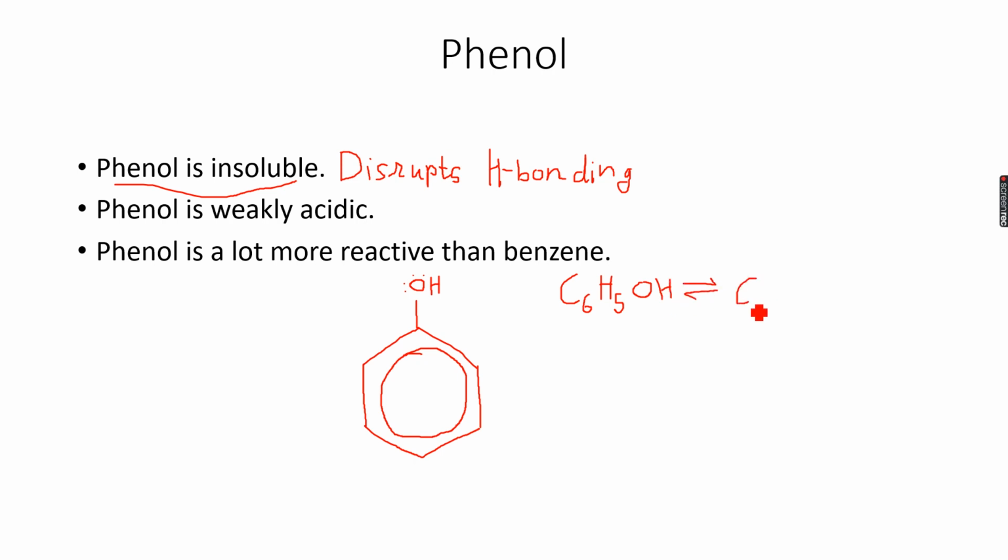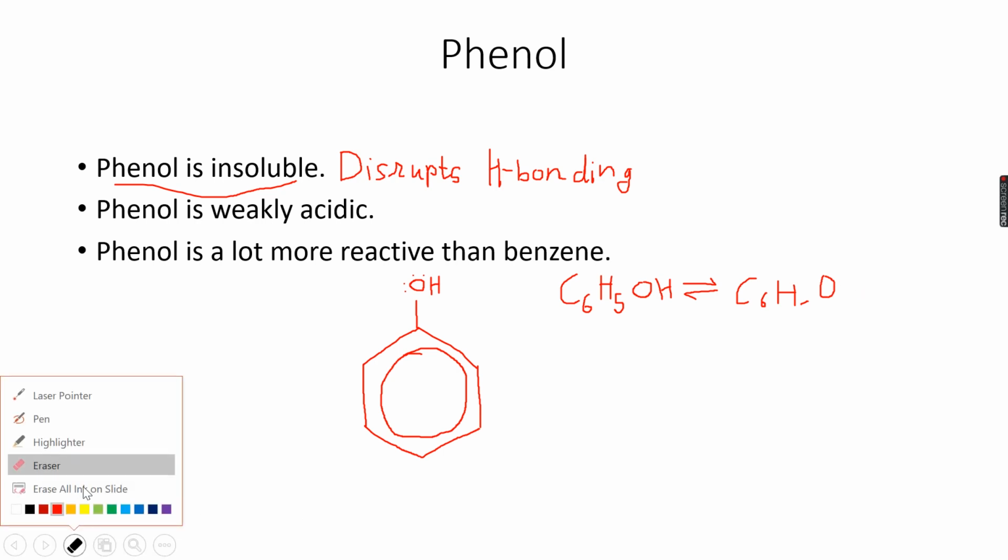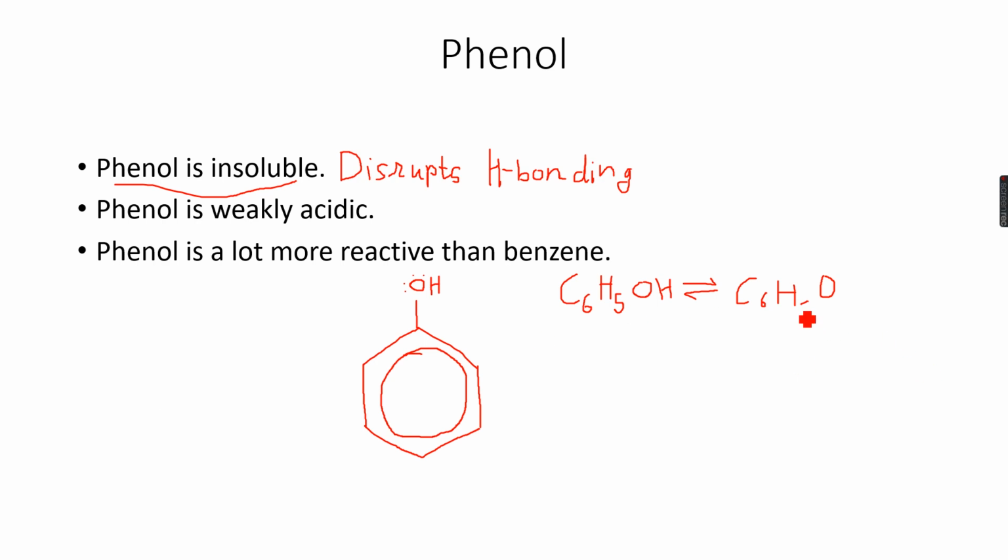Now it can form C6H5O negative, which is the phenoxide ion, and H plus ions. So you know the definition of an acid is that an acid is a proton donor.